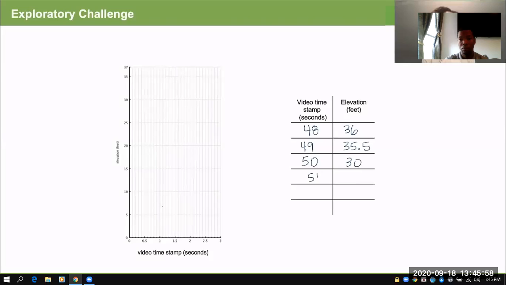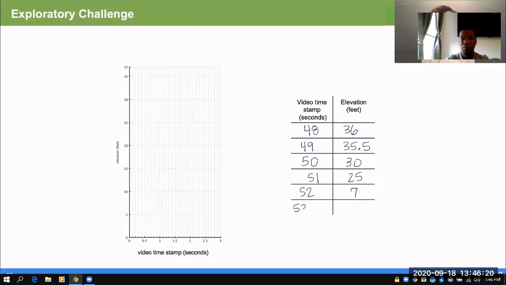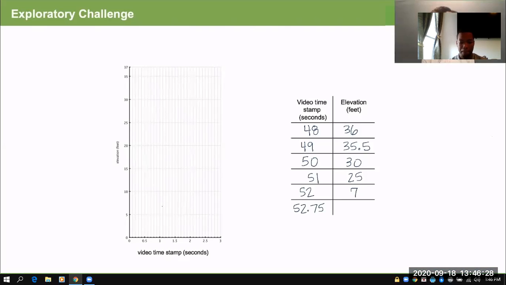After 51 seconds on the timestamp, we see that the jumper's elevation was 25 feet. At 52 seconds on the video's timestamp, we see that the jumper's elevation was about 7 feet. And then right before the 53 timestamp video mark, at 52 and 75 hundredths of a second, we see that the jumper splashes into the water, so his elevation is 0 feet.